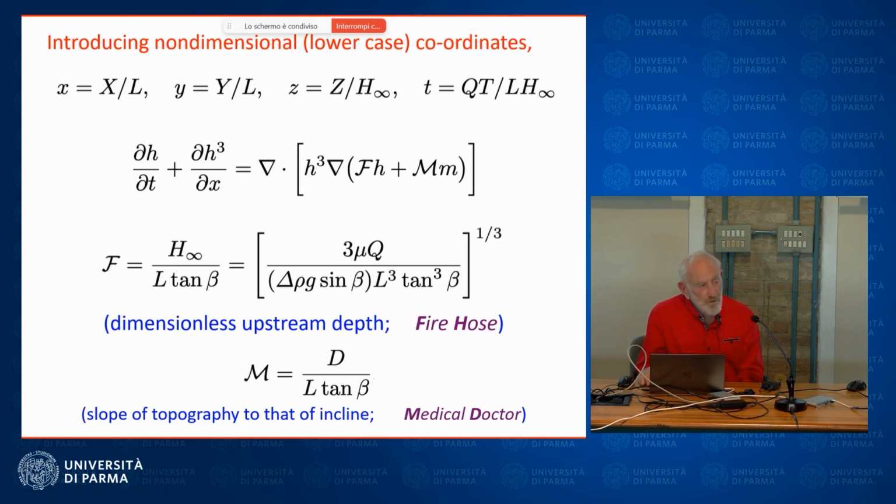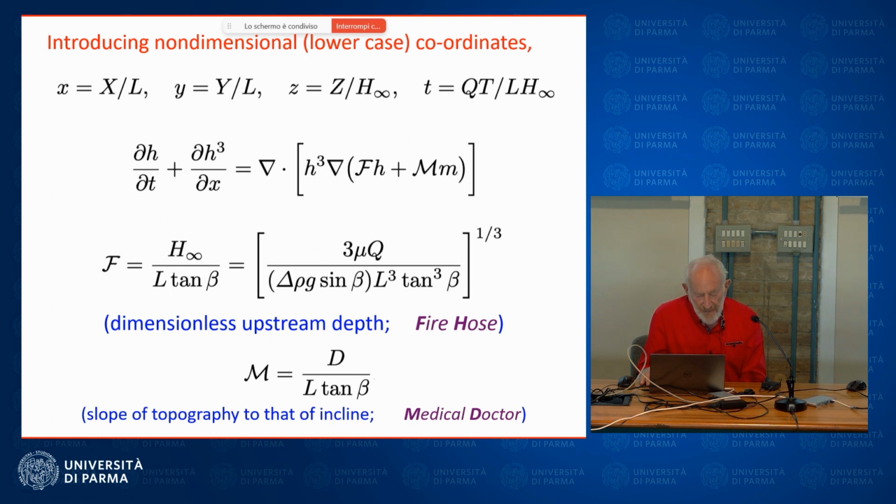They're not the ones I would have used, but curly F is a non-dimensional indication of the height of the topography. And I always remember that as fire hose, it's telling you the height. Curly F is h infinity over the horizontal length scale times the tan of the angle.